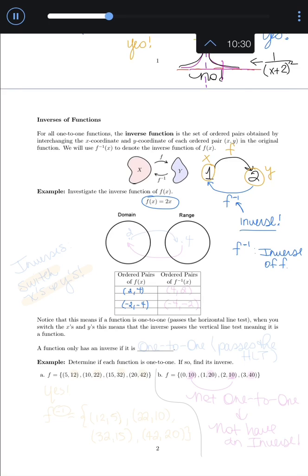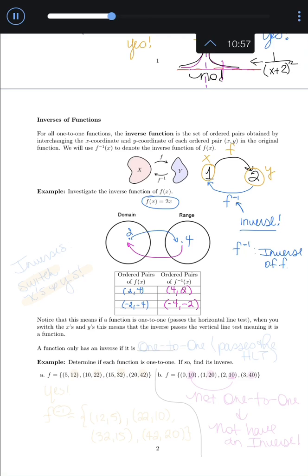Well, if the original function plugged in 2 and got out 4, the inverse is going to do the reverse. It's going to take 4 and send it back to 2. Well, the original function also took negative 2 and sent it to negative 4, so the inverse will do the reverse. It'll take negative 4 and send it back to negative 2.